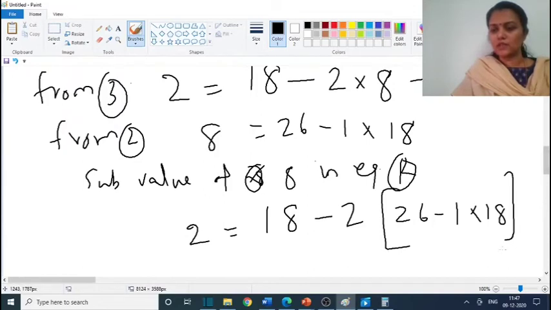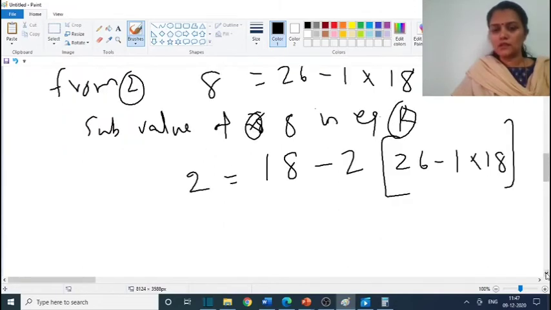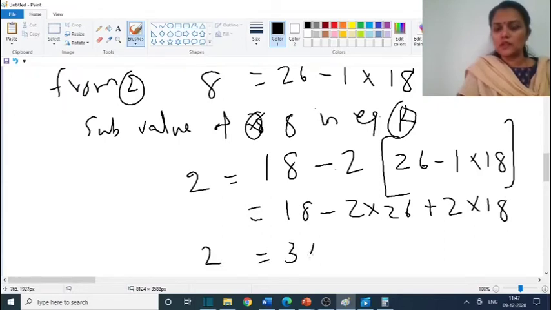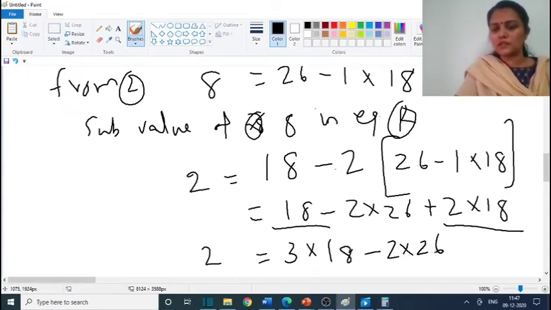Expanding, 2 is equal to 1 into 18 plus 2 into 18. This is 3 into 18 minus 2 into 26.